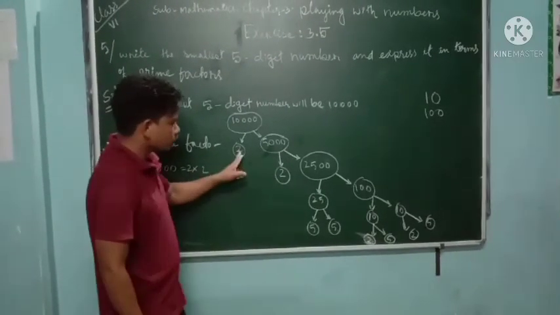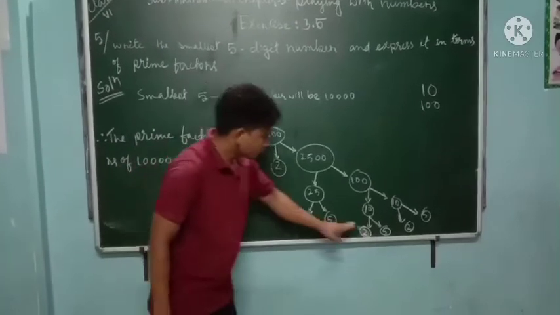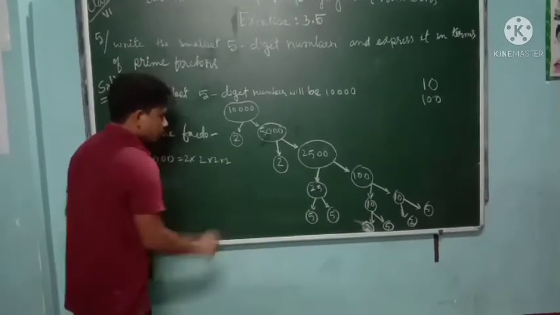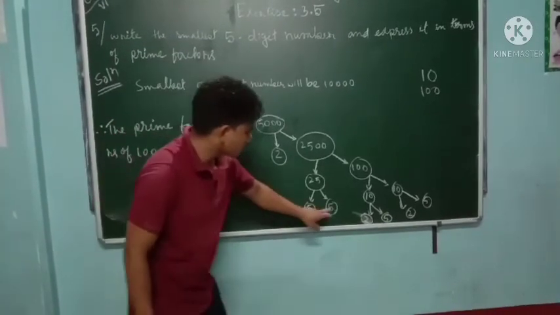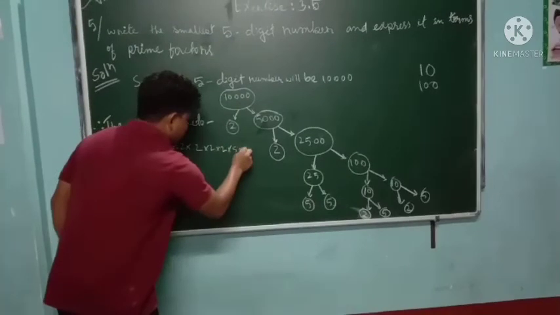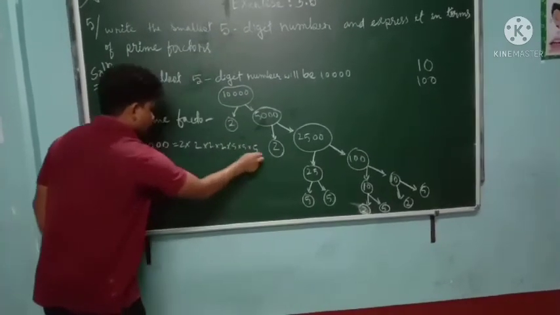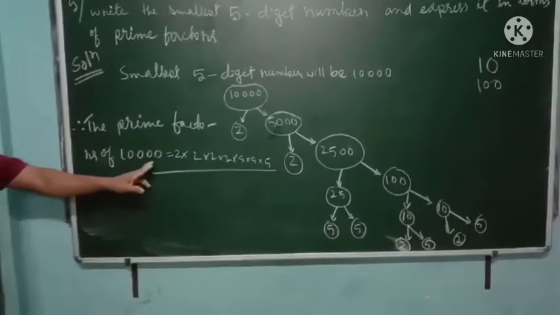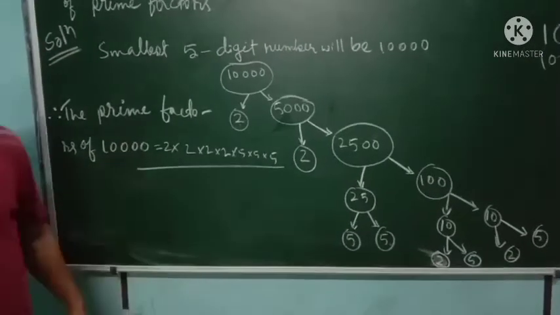How many times 2? 1, 2, 3, 4. So 4 times 2. Next, how many times 5? 1, 2, 3, 4. So you have to write 5 into 5 into 5 into 5. So these are the prime factors of the 5-digit number.